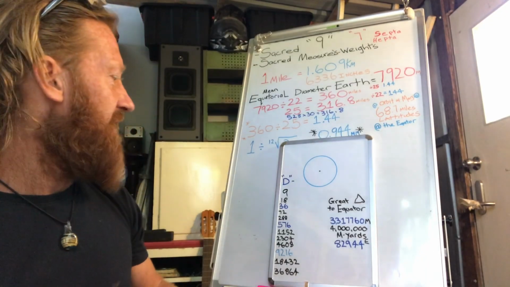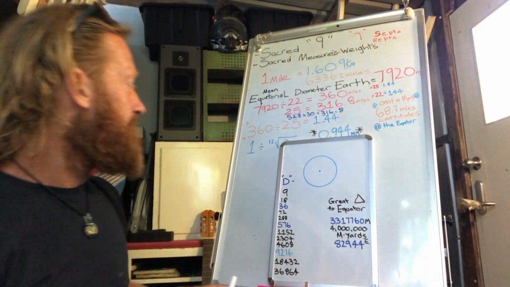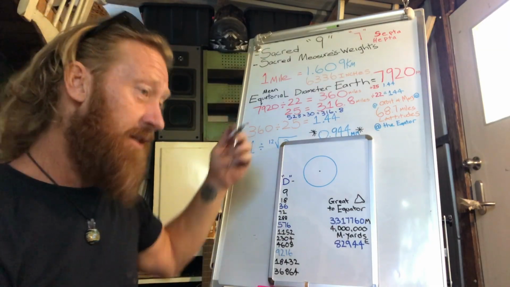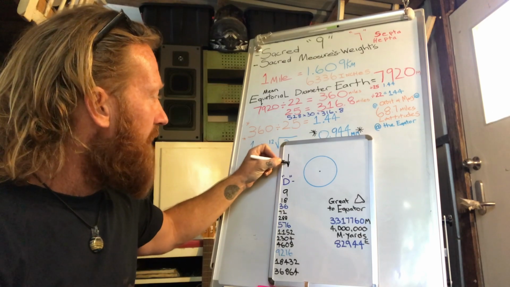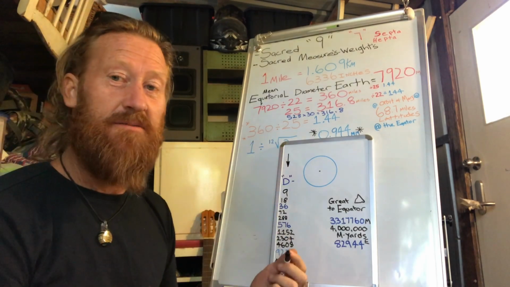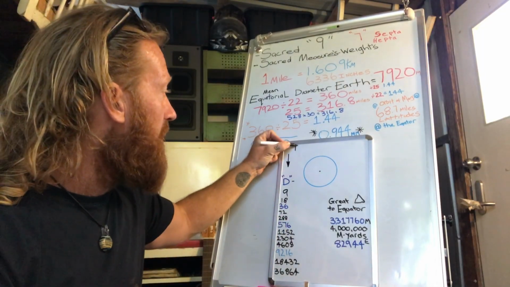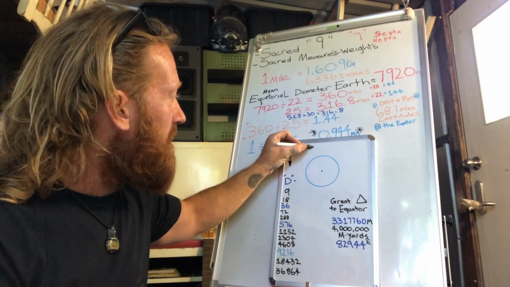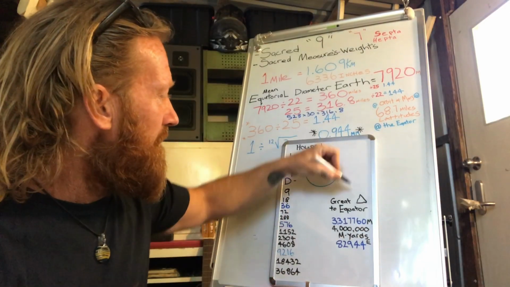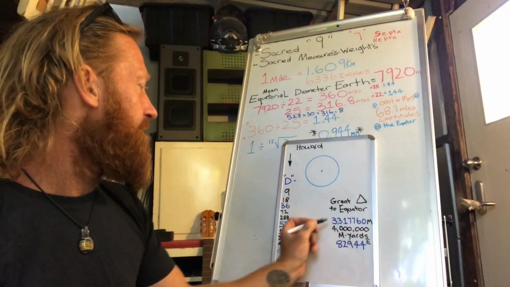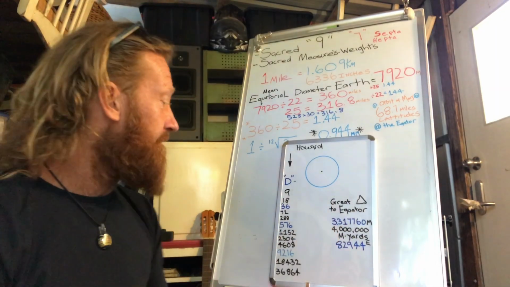So the next part here, we've covered this in the interview with Ryan, but we need to just preface where we're going, okay? In the interview with Ryan, in the presentation I showed, the column of D, right? Now this is the Pythagorean harmonic series. But this is just the column of D, because what I discovered from Howard Crowhurst, he gave us the measure from the Great Pyramid to the equator, and it was 3,317,760 metres.